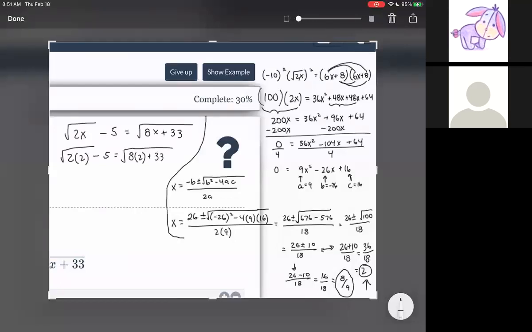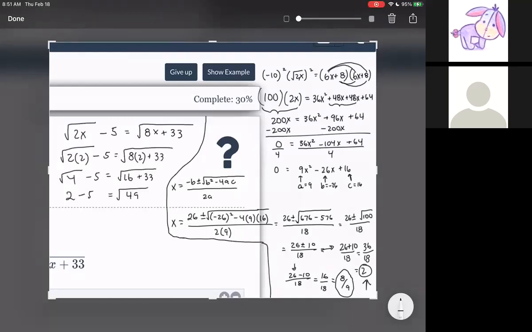Just going to kind of section that off. Okay. So we get square root of 4 minus 5 is equal to square root of 16 plus 33. And then we get 2 minus 5 is equal to square root of, what is 16 plus 33? 49.